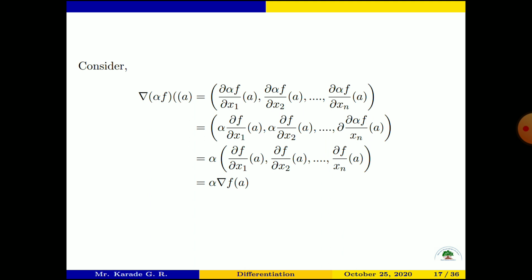From all these partial derivatives we can take the constant alpha, or scalar alpha, outside.